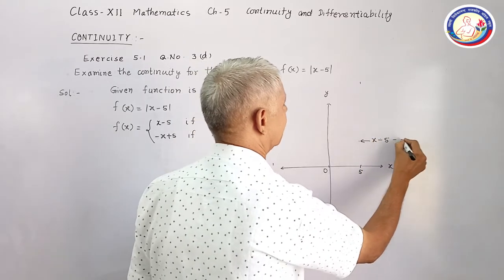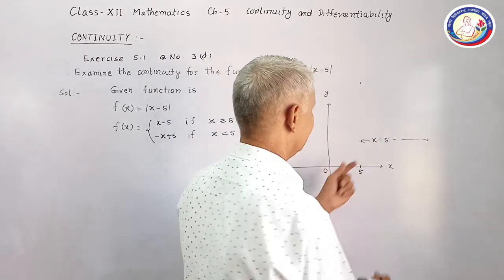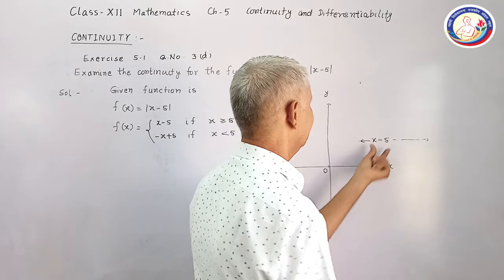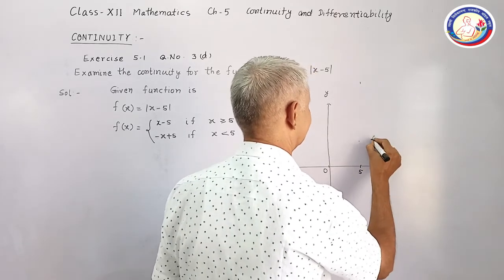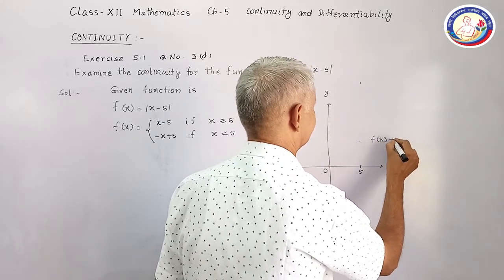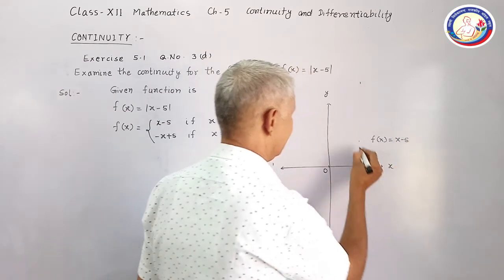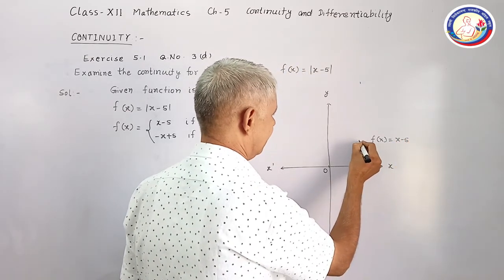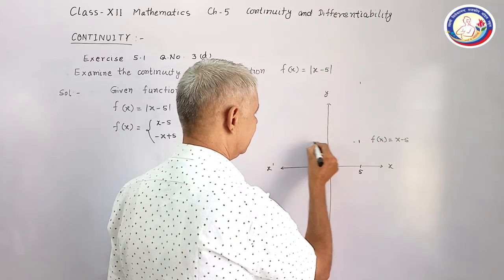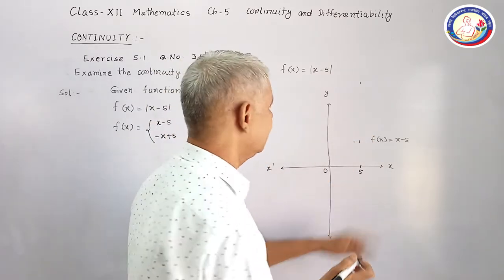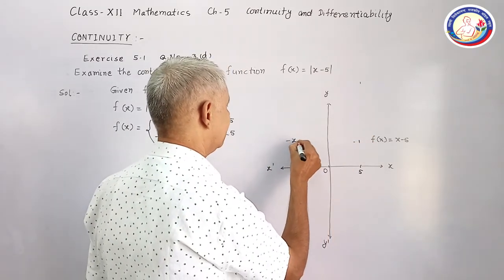From this side to this side, always the value of the function will be x minus 5. And from this point up to this point, excluding this, in this whole interval where the value is less than 5, it will be minus x plus 5.